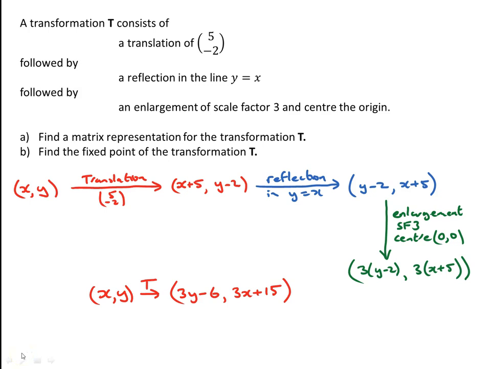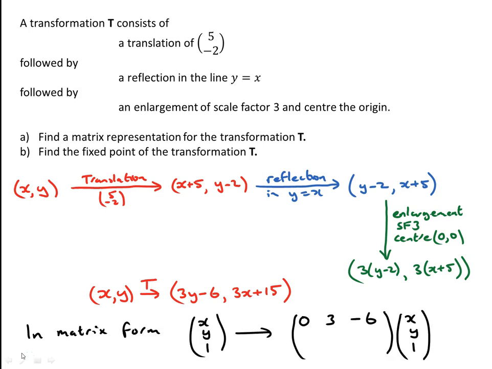Now our matrix representation will be that the vector (x, y, 1) must go to, now our first row needs to give us 3y - 6. In other words, we've got 0x + 3y - 6. So the first row needs to be 0, 3, -6. The second row, when I do the multiplication, has got to give me 3x + 0y + 15.